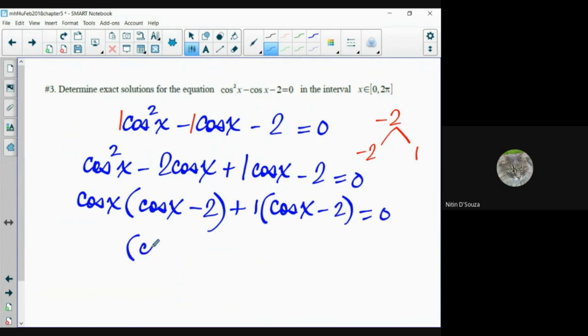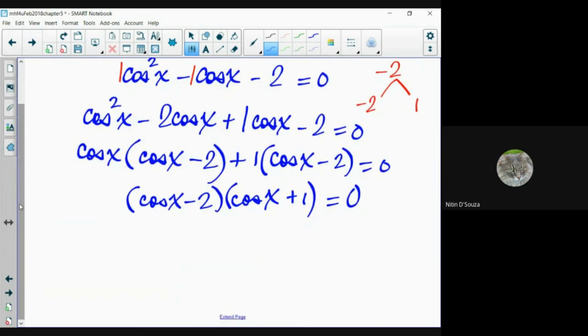So you've got cos x minus 2, cos x plus 1. So what does that mean? Well, this is telling you that cosine x equals 2. This is telling you that cosine x is equal to negative 1. Now look at your unit circle.